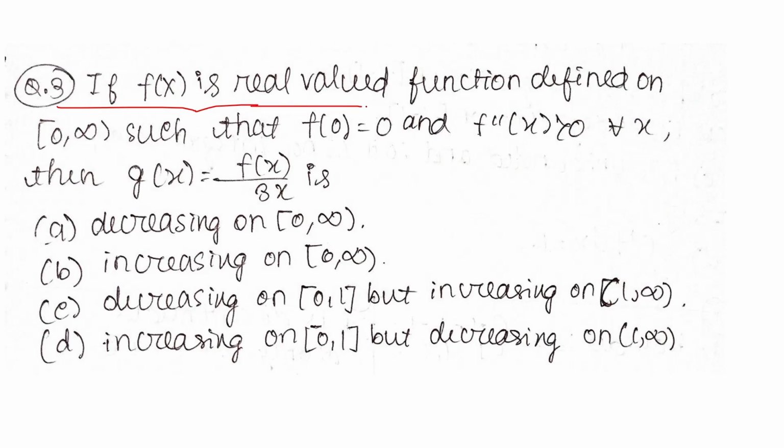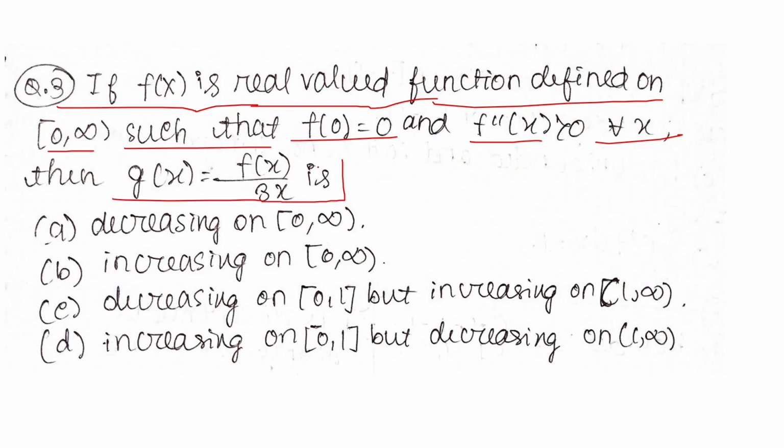Question number 3. If f(x) is a real valued function defined on 0 to infinity such that f(0) equals 0 and f double dash of x is greater than 0 for all x, then g(x) equal to f(x) divided by x, what values can it attain, or is it decreasing or increasing? Foremost, it is asking about the behavior of that function g(x).